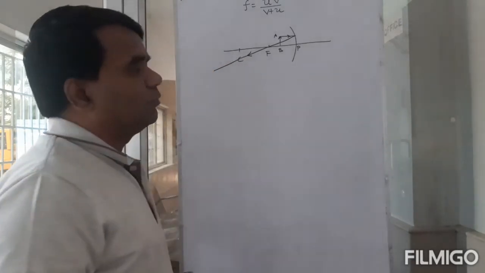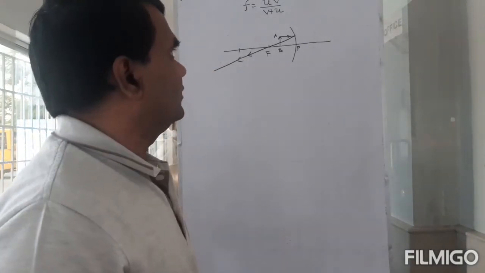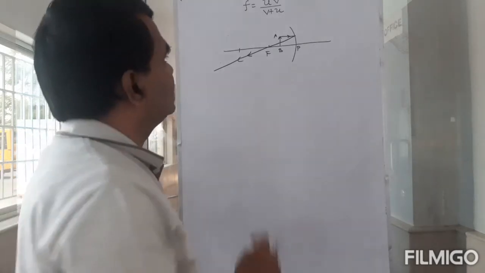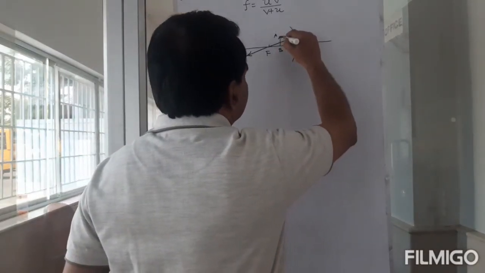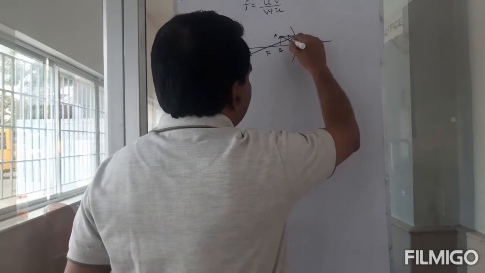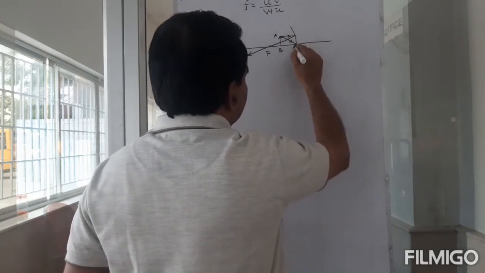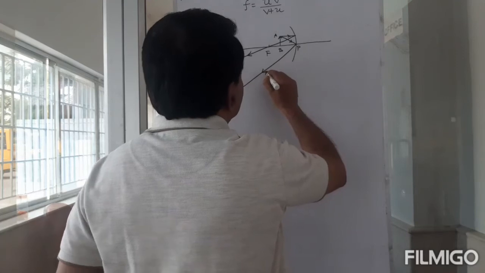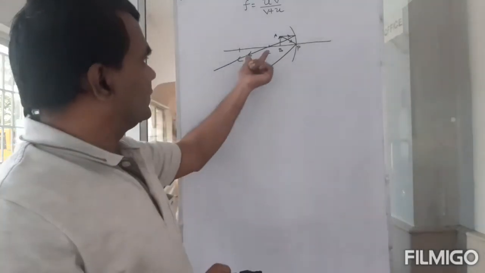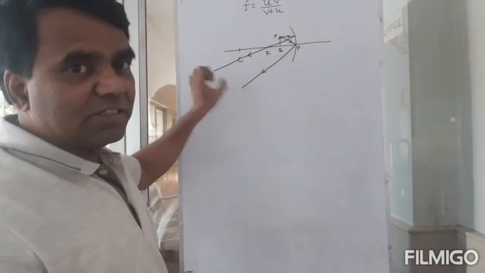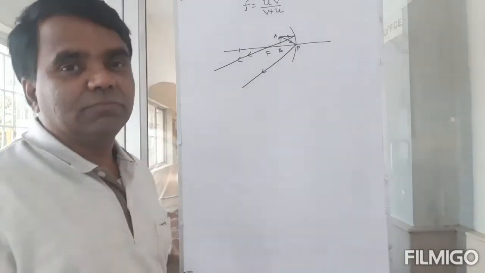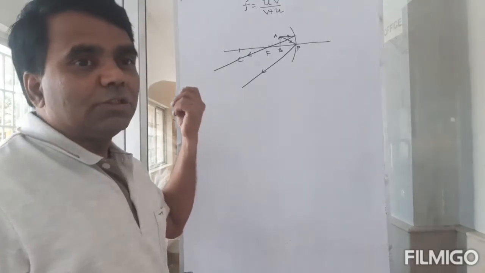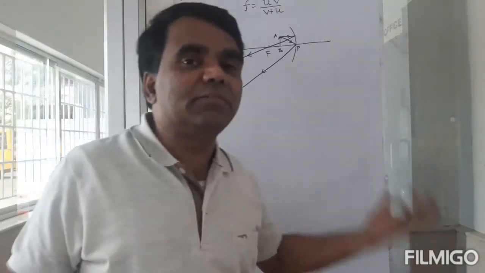And the ray that hits here will obey the law of reflection. You see, there is no convergence that is taking place here. So it's diverging. So I can't have a real image.